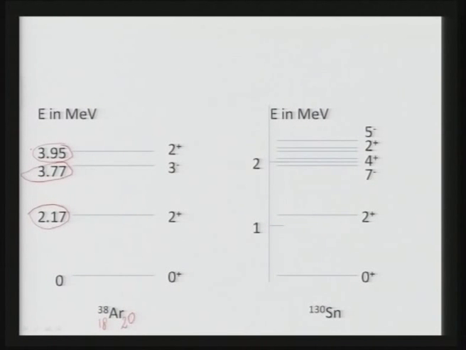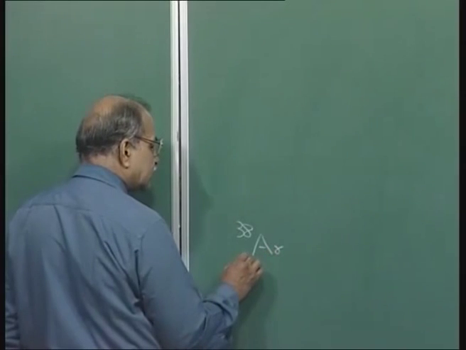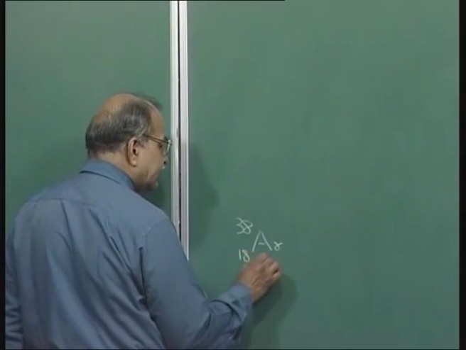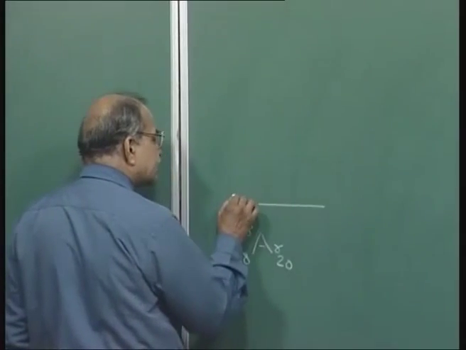If I draw it on the board and try to see where these 2 plus and 3 minus states are coming from, if we go by the shell model, let us try to understand this. This is for argon 38, where Z is 18 and N is 20. The lowest ground state is 0 plus.